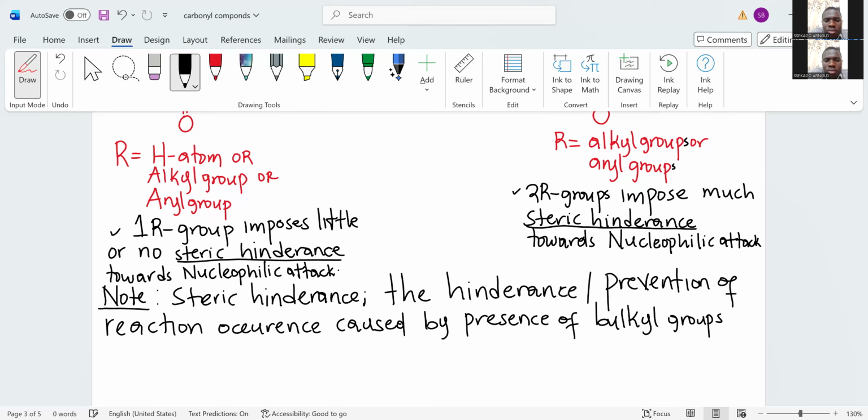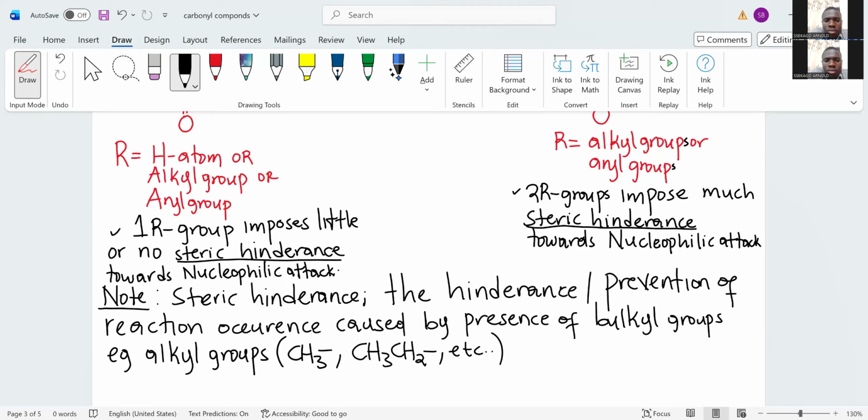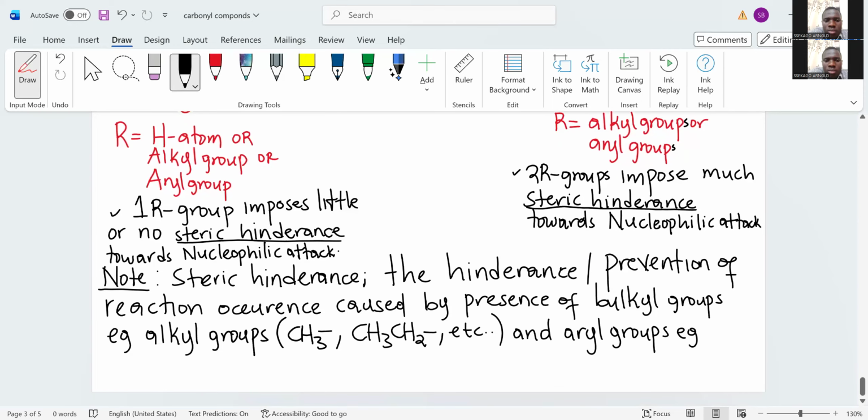Bulky groups, for example alkyl groups, for example CH3, CH3CH2, etc. and aryl groups. Example, phenyl, benzene ring. Vinyl group, sorry.